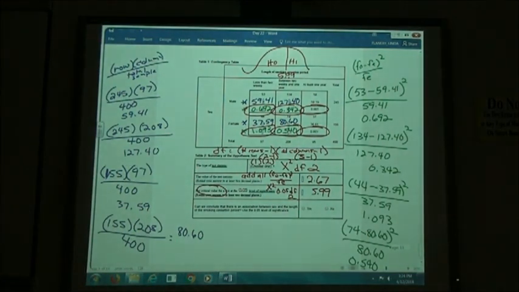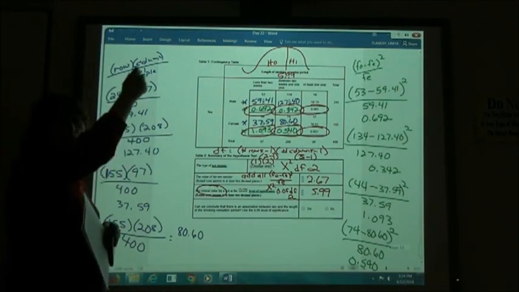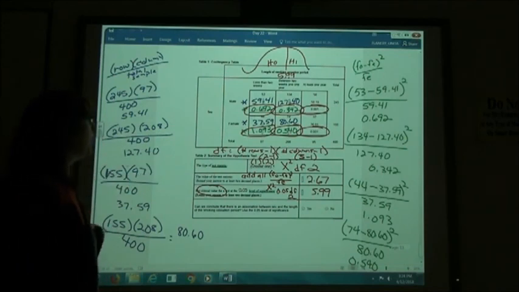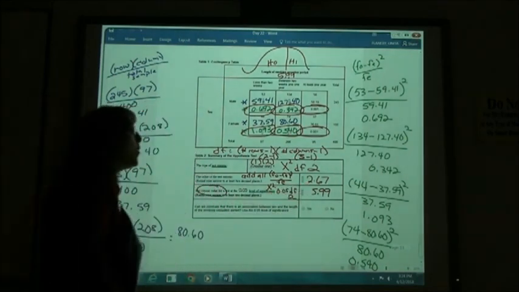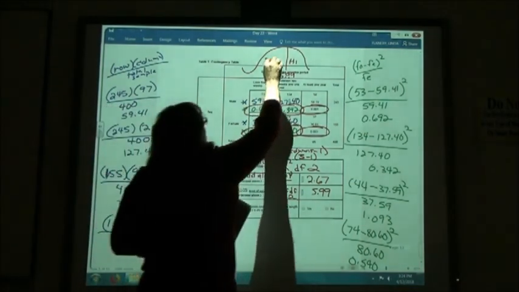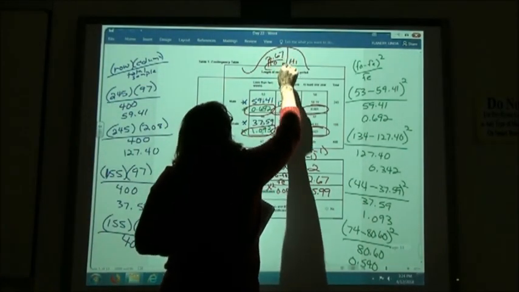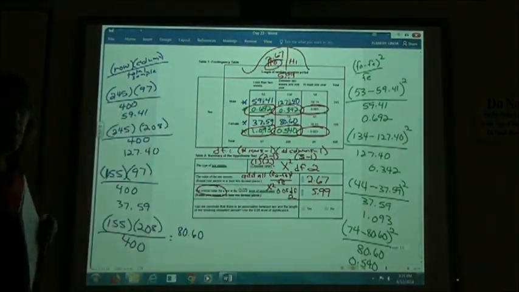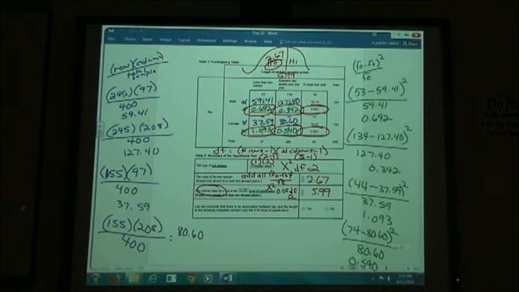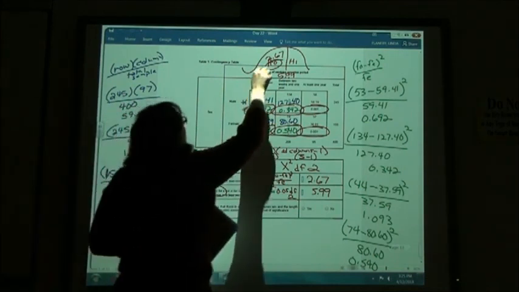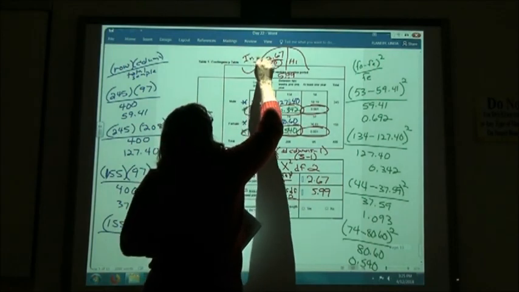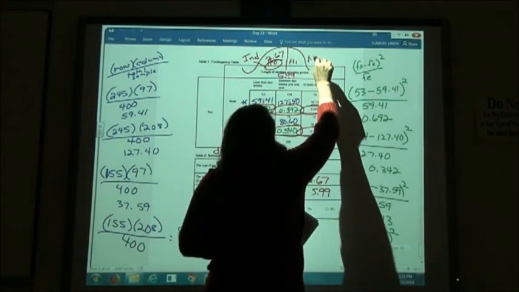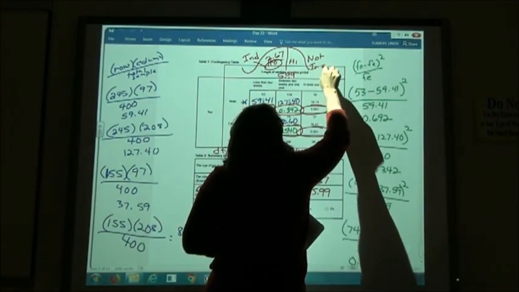We're figuring out where our test value belongs. Is our test value smaller or bigger than my critical value? Well, my test value is 2.67. 2.67 means I'm in the section with the null, right? So if I'm in the section with the null, this is the independent, this is the not independent.